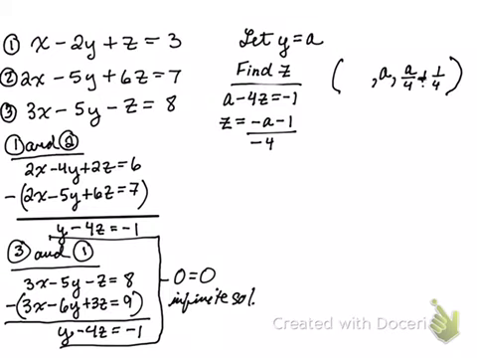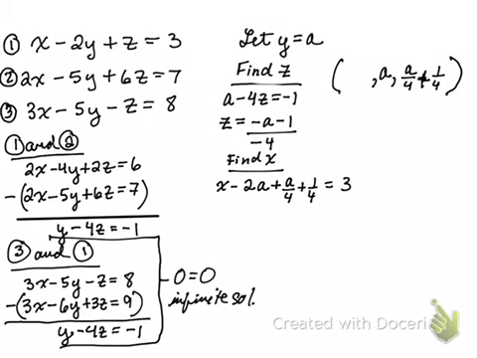And then we need to find x. I'm going to plug that into the first equation. x minus 2a, because y is a, plus a over 4 plus 1/4, because that's what z is, equals 3.